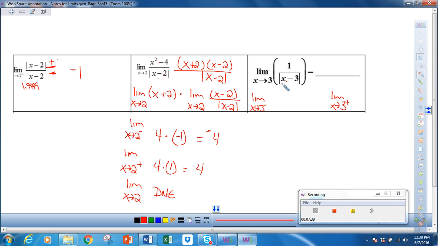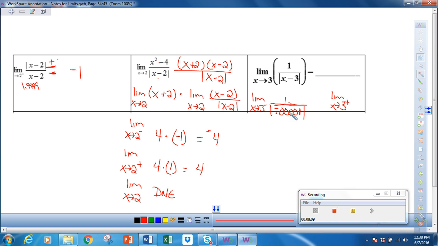As I substitute in values for 3 from the left, I am taking numbers slightly smaller than 3, let's say 2.9999. As I evaluate that, I get 1 over a pretty small number. It's going to be negative, but I'm taking the absolute value of it, so that's going to make it positive.